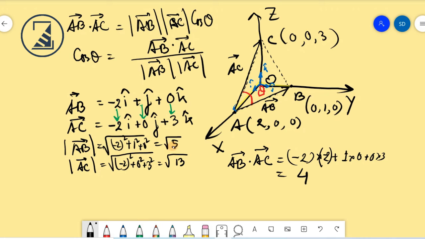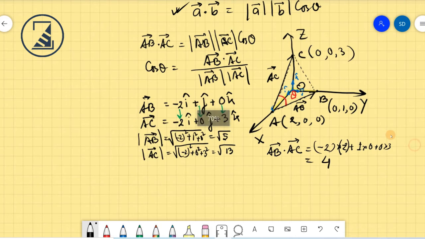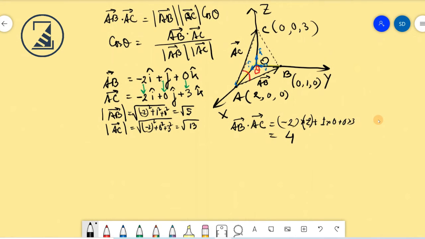Now we can easily compute cos theta. So cos theta is nothing but 4, which is AB dot AC, divided by square root of 5 multiplied by square root of 13, which is 4 divided by square root of 65. Now theta is cos inverse of this.